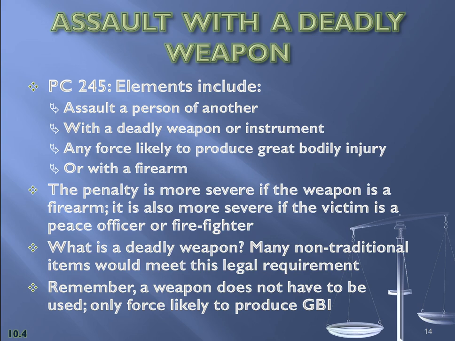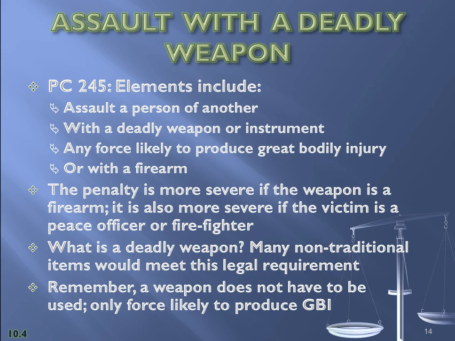It doesn't say that it has to, okay, or with a firearm, is guilty of a felony. And the penalty is more severe if the weapon used is in fact a firearm, and the penalty is also more severe if the victim is in fact a police officer or firefighter engaged in the performance of their duties.